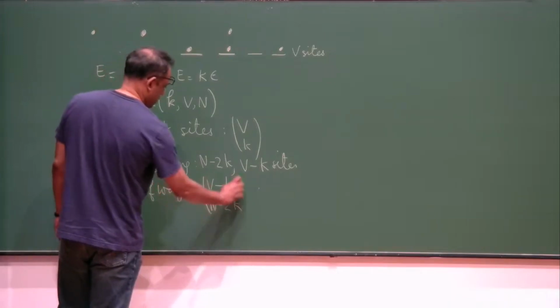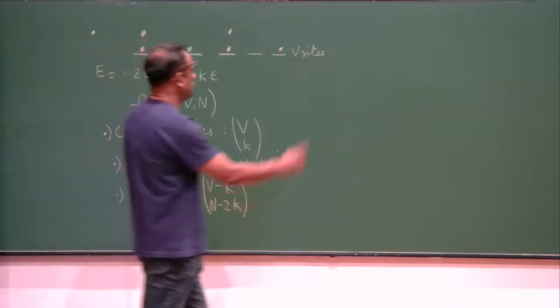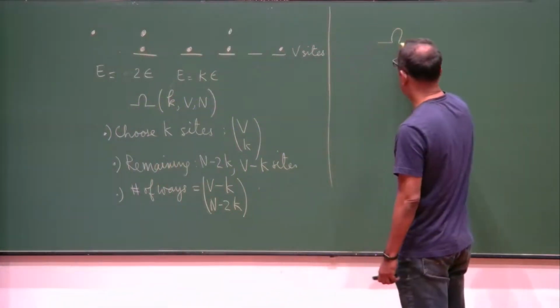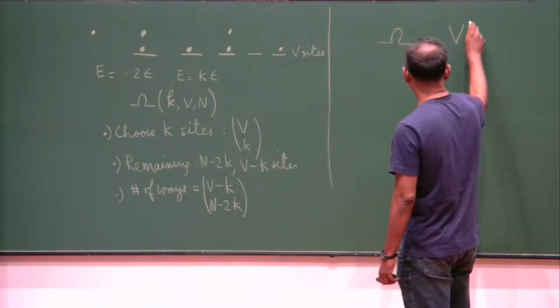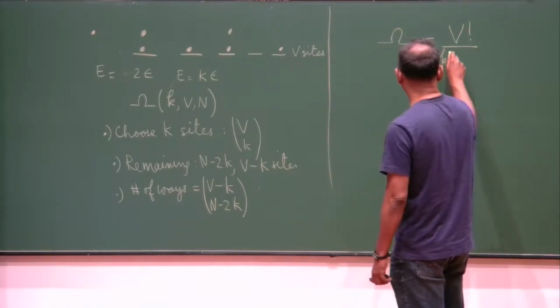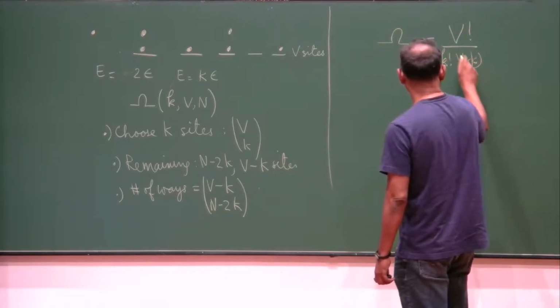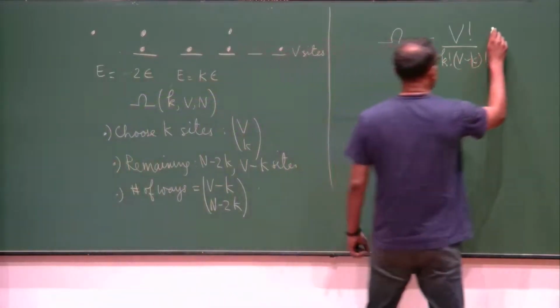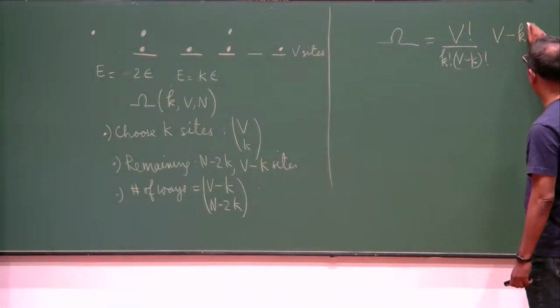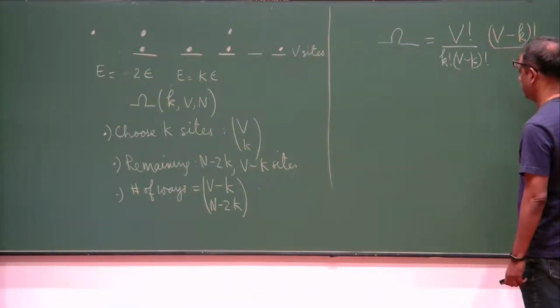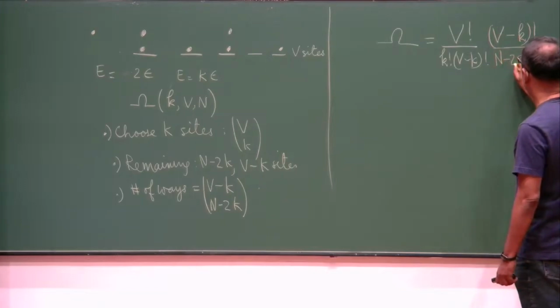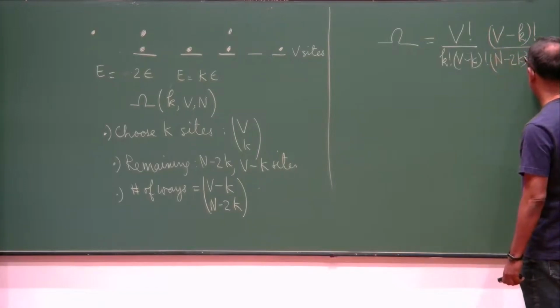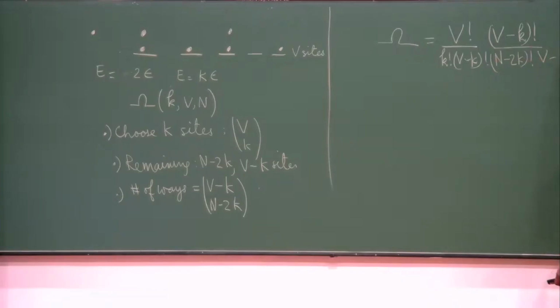Okay. So therefore omega becomes V choose k, V factorial by k factorial, and then this one, and V minus N. So this is the answer that you have found.